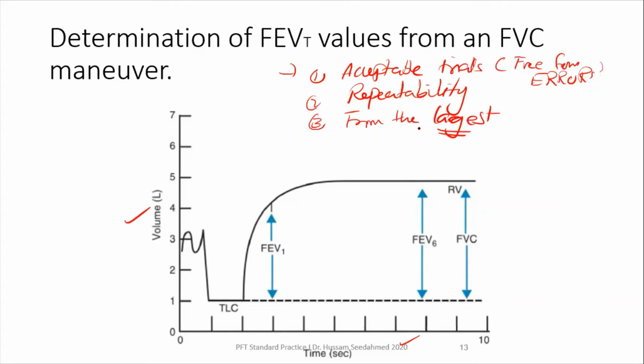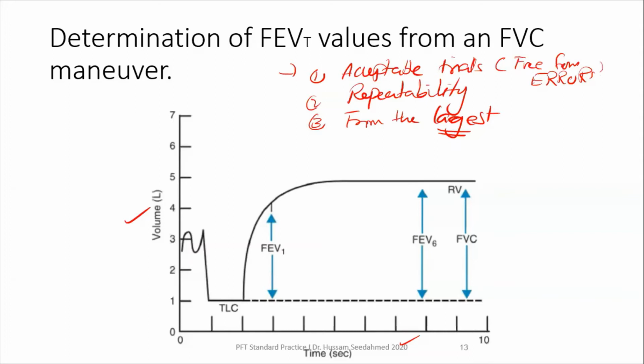Then before you determine the FEV1 from the volume time curve, these three things you should do. First, make sure that the subject produced 3 acceptable tracings. We talked last time that we need at least 3 acceptable trials that are free from errors, such as if the patient coughed, early termination, glottic closure, which we will talk about in a while.